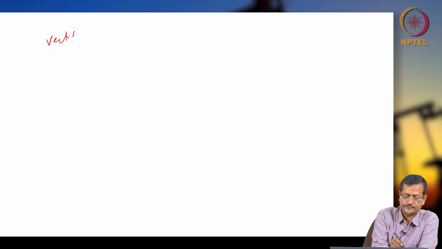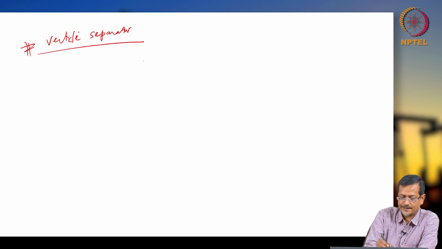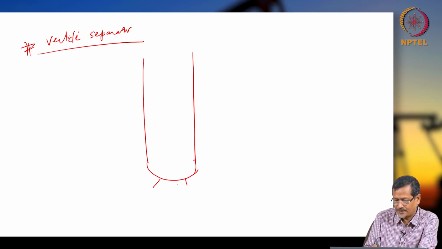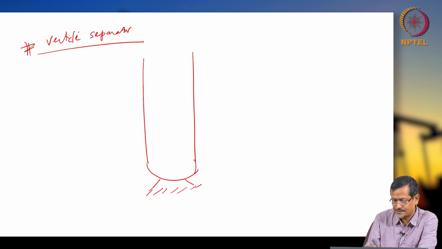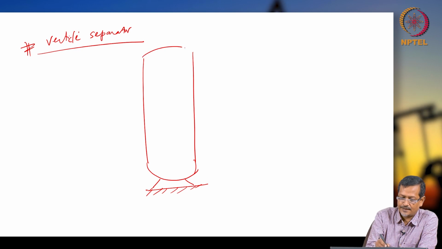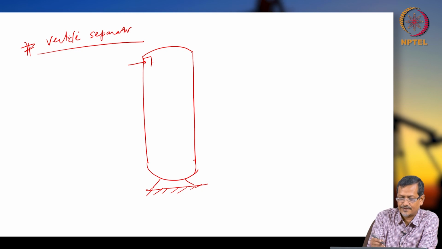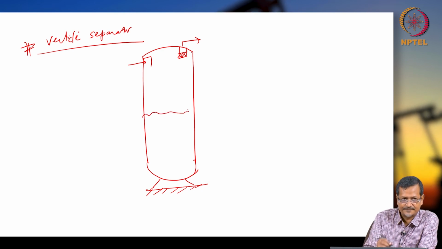So we'll go to vertical separator. Vertical separator is like this. You will have a vertical cylinder, and you have to fix the bottom also, and your inlet will be like this. There will be again an inlet diverter, and a mist extractor, and you are creating again two layers.